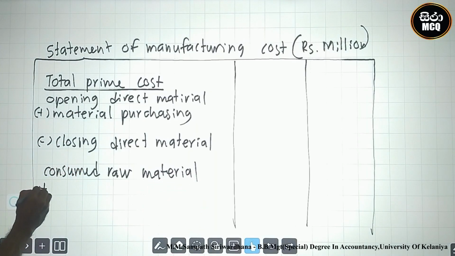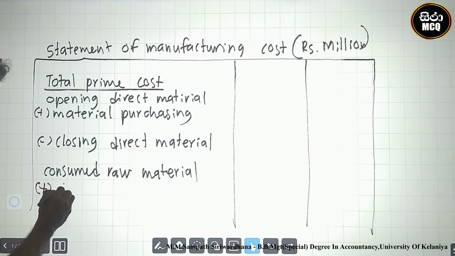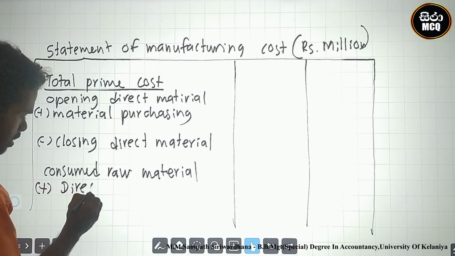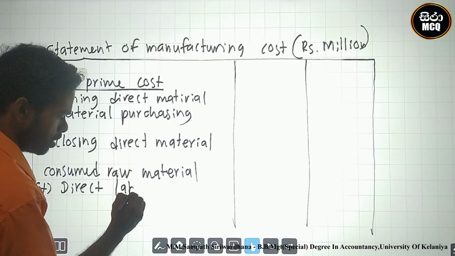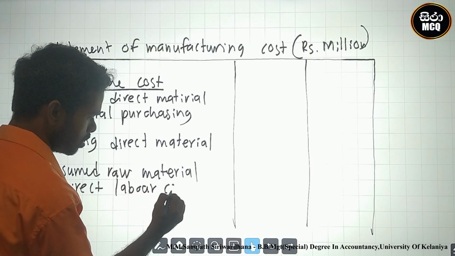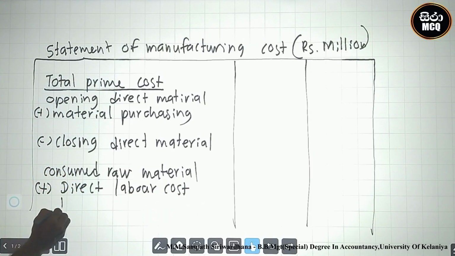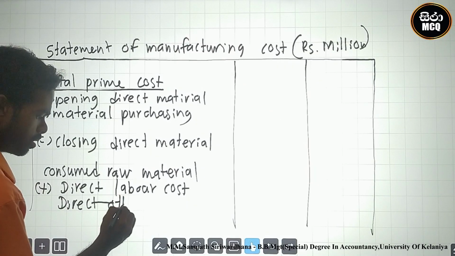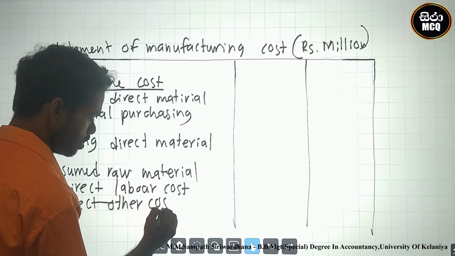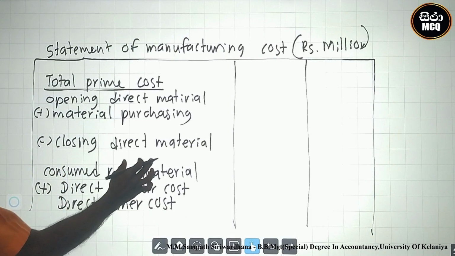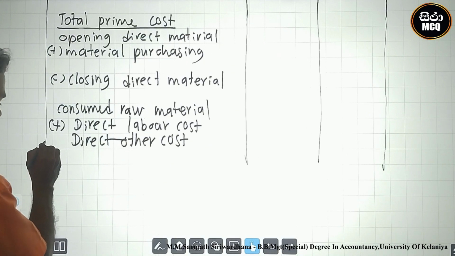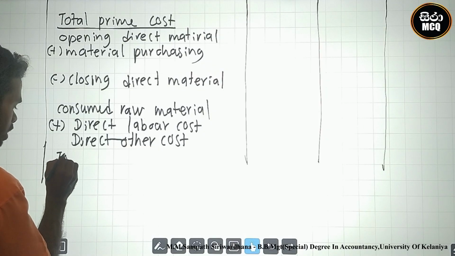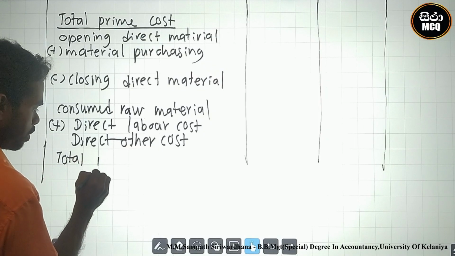After that, we add what is that? Direct labor cost. We add direct other costs. We can calculate the prime cost. Okay, this is the total prime cost.